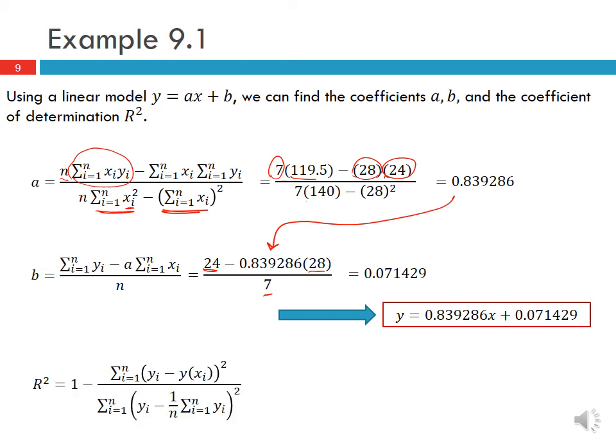And then we can calculate the coefficient of determination, or the correlation coefficient, using the expression for r squared. So we see that the residual sum of squares is 2.9911, and the total sum of squares is 22.7143. So r squared is equal to 1 minus this ratio, or 0.8683 in this case.